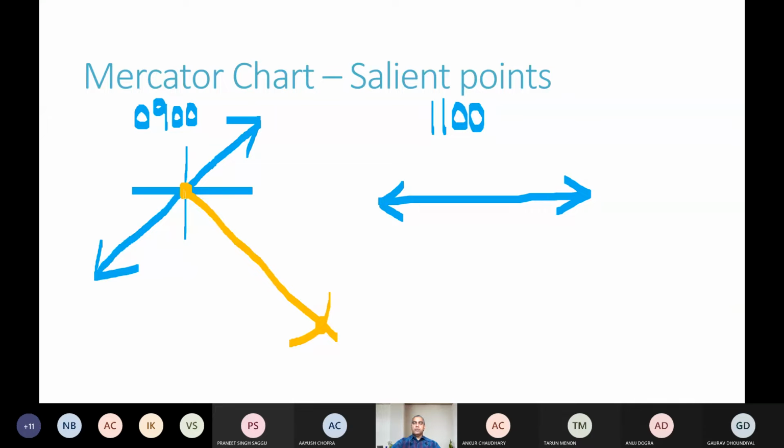Now you draw a line parallel to the initial PL and you have the transferred PL on your plot or chart. Transferred PL is represented by double arrows. So mark it with double arrows on both the sides. And now you see the transferred PL is also brought to 1100 time.